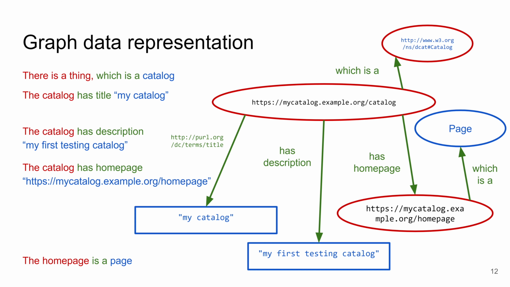Now the edge assigning a title to the catalog is identified by an IRI, which again is the IRI used on the web to represent titles of things. And we'll do the same for the description, and we'll do the same for the has homepage edge, and we'll do the same for the remaining two, which is a edges.